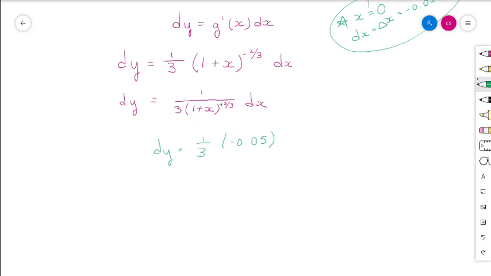Okay, so then using differentials, multi-step problem, we have the cubed root of 0.95. We can write it like this, g of 0 minus 0.05.